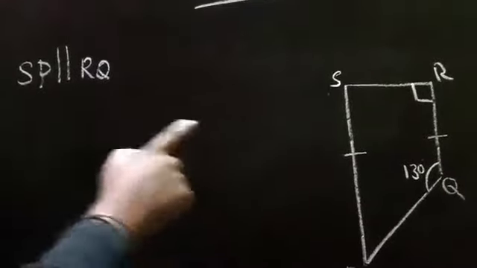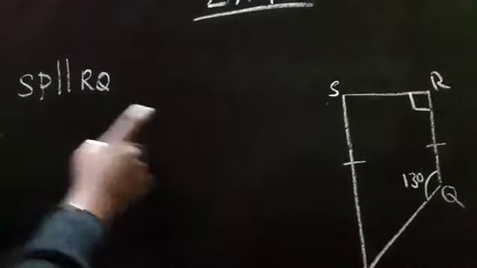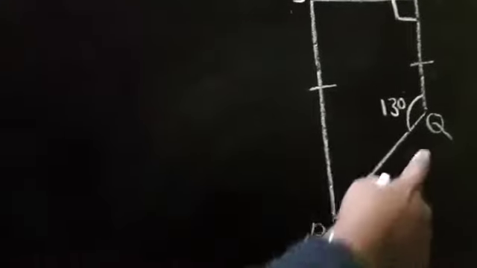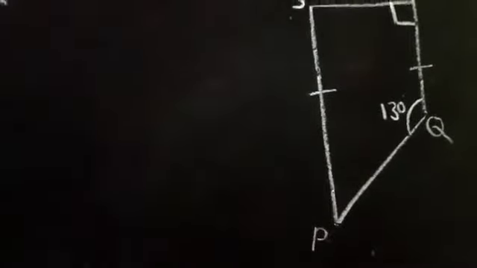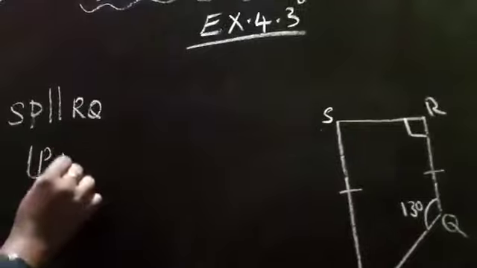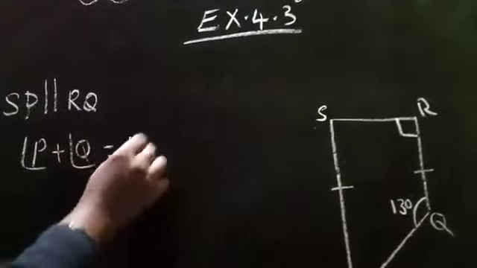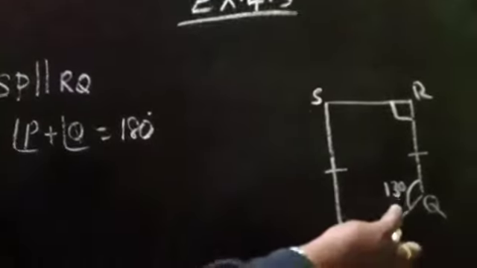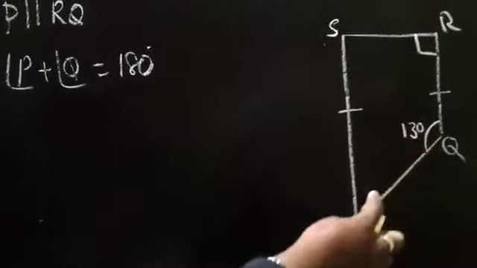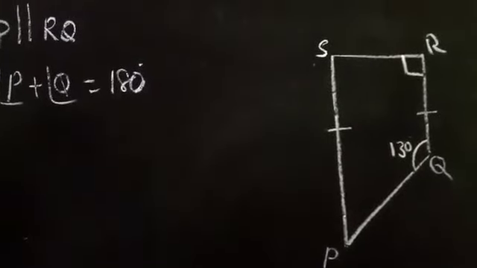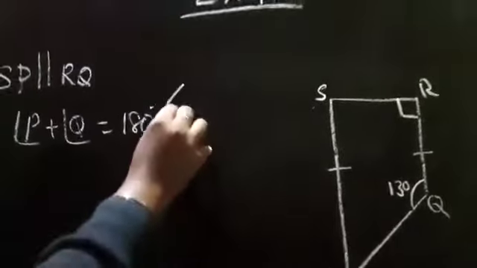Now, when these two sides are parallel, the sum of these two angles we should get is 180 degrees. Therefore, P angle plus Q angle equals 180 degrees, because the sum of adjacent angles we have to get is 180 degrees.